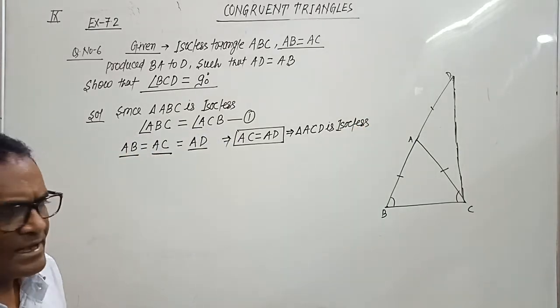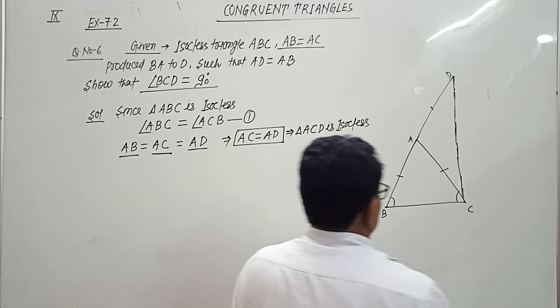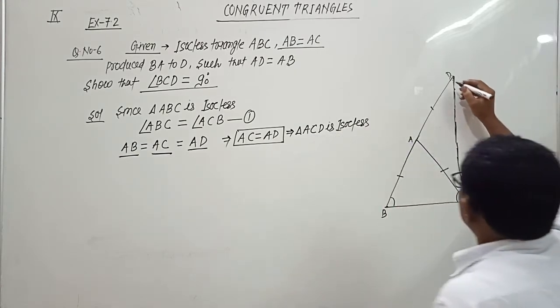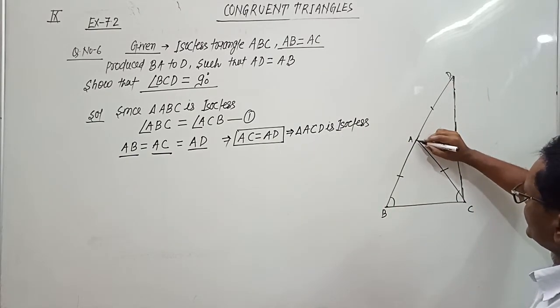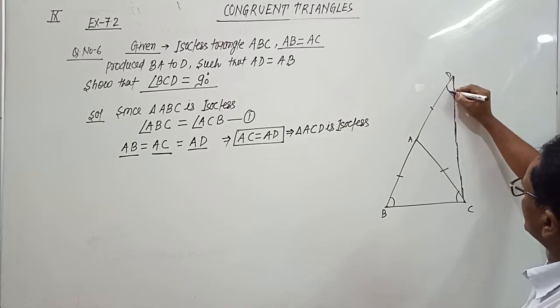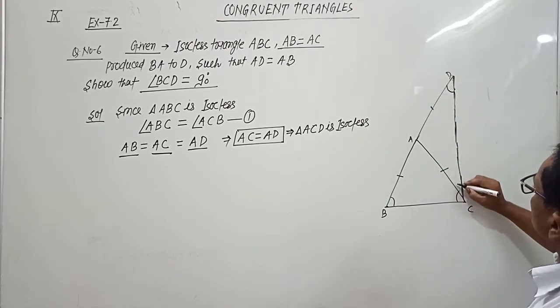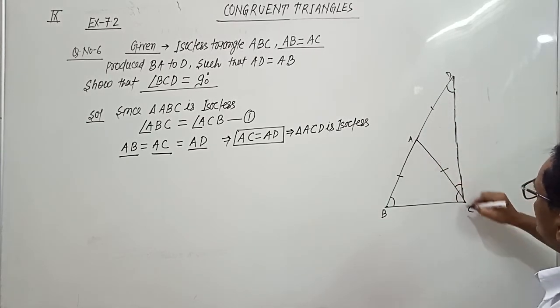And if triangle ACD is isosceles, then its base angles, it means angle ADC must be equal to angle ACD.